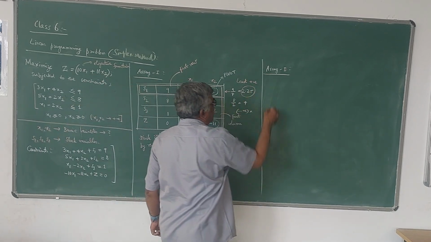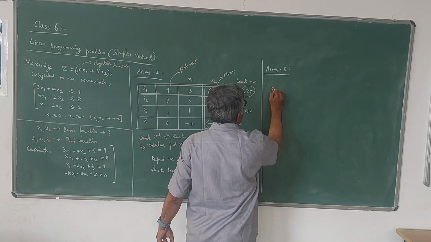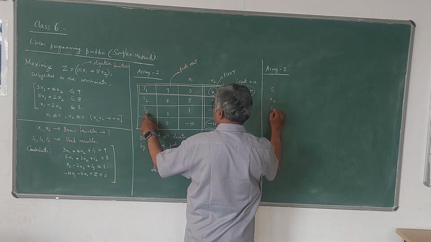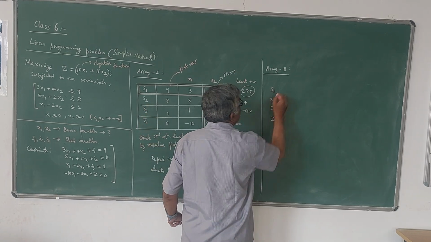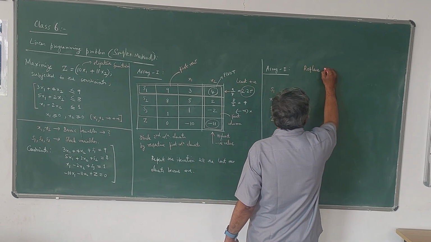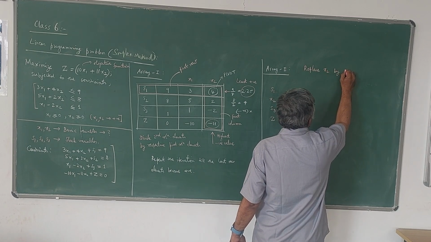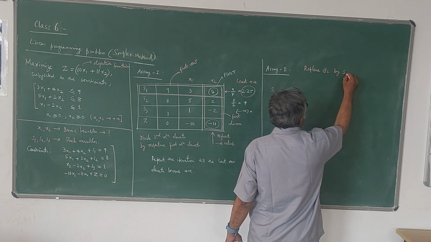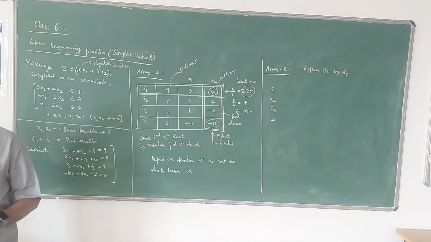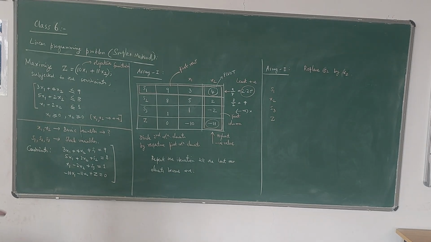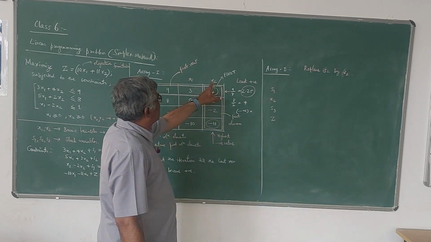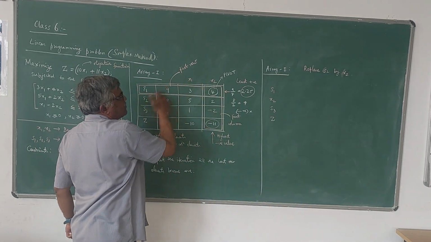That means the first column becomes S1, this becomes X2, this is the same S3, and this is Z. Please note that we have to replace S2 by X2, so this we have to take here.